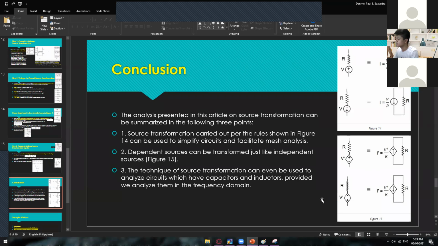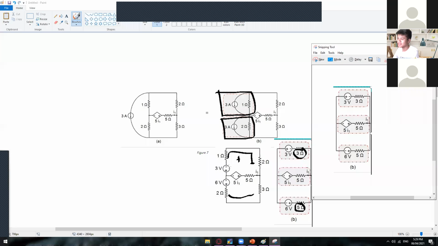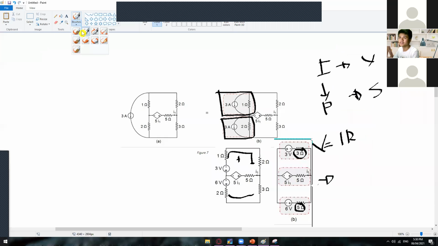Oops, sorry. That is just the representation of dependent. Anyway, again, the logic that we are trying to come up with is voltage source to current. We have series in the voltage source and parallel in the current source.